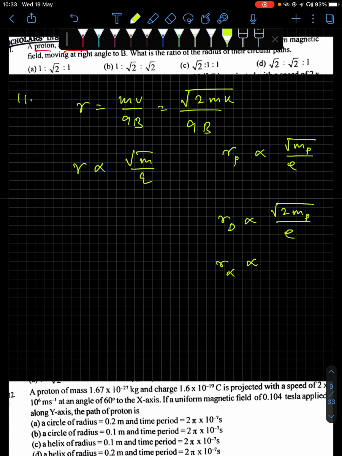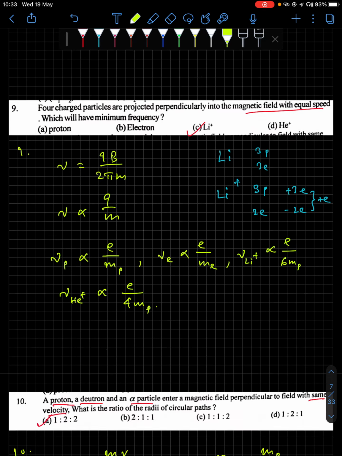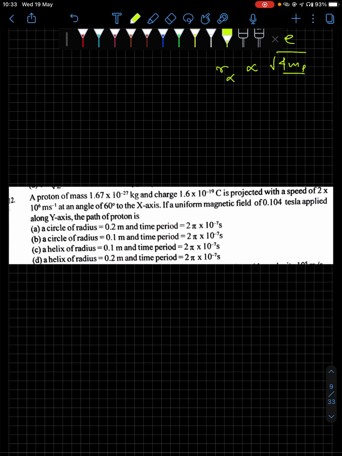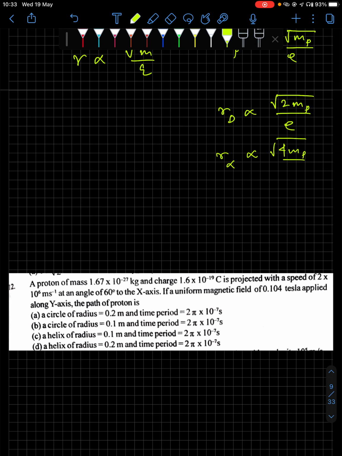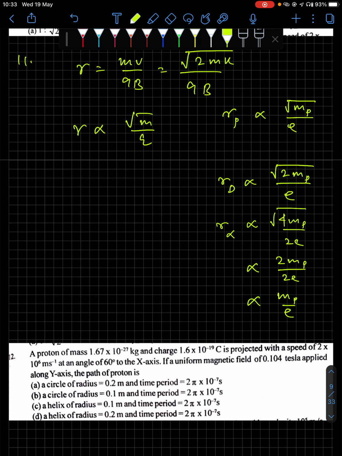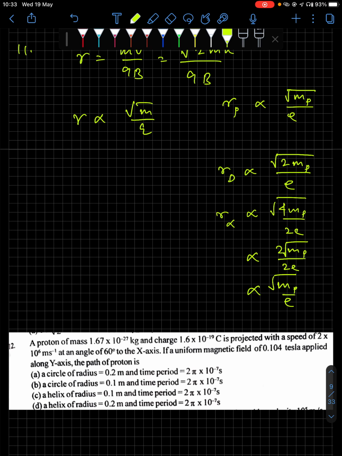For alpha it is proportional to square root of 4 mp divided by twice e. This gives 2 square root of mp divided by 2e, so R alpha is proportional to square root of mp by e.